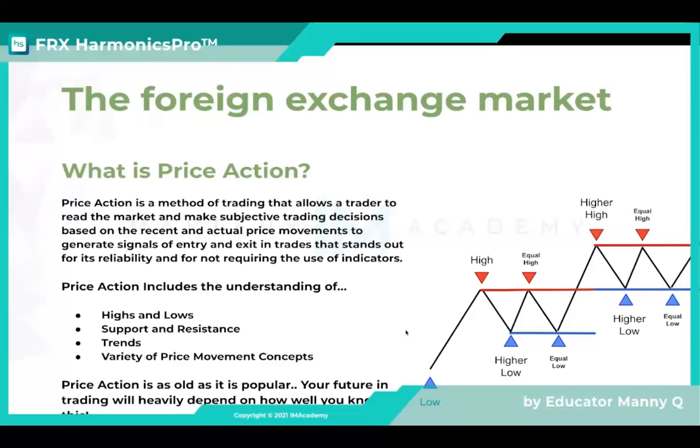As we can see over here, we have a series of highs and lows. We have the market setting at a low, setting at a high, and pulling back down to a higher low. Again, this is a higher low because this low point is higher than the previous low. The market moves back up and creates something known as an equal high.